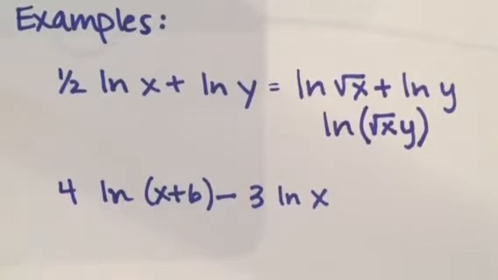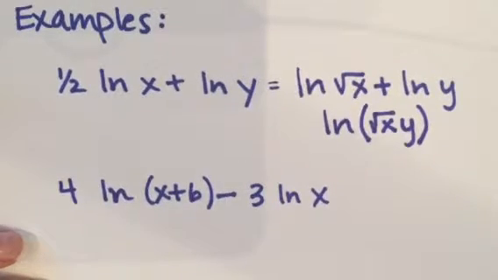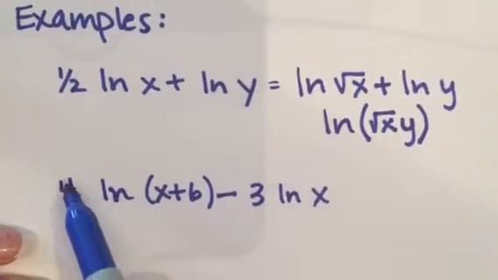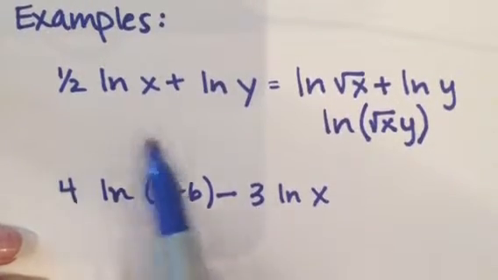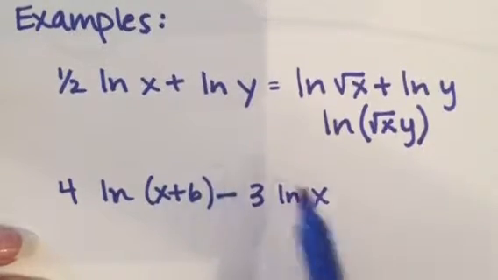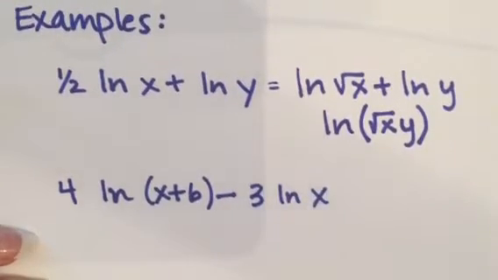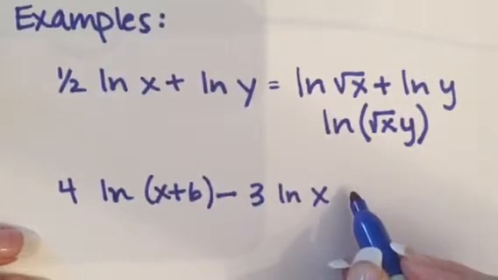4 times ln of the quantity x plus 6 minus 3 times ln of x. All right, so we are going to take this, and let's first employ the power rule and move this 4 to a power here and move this 3 to a power there. All right, and I'm going to write underneath since we have a little more space there.